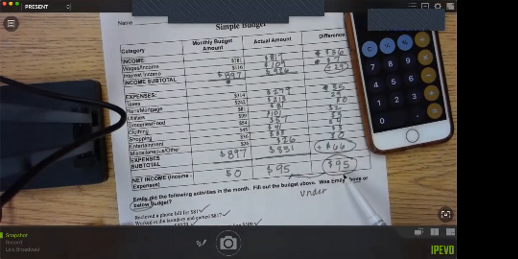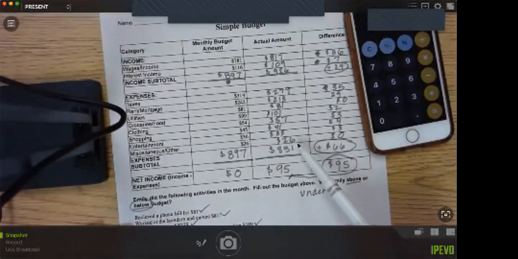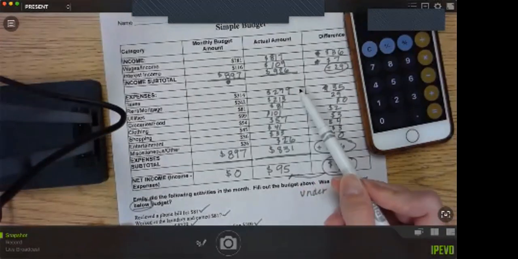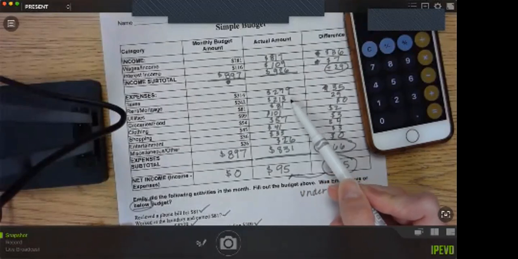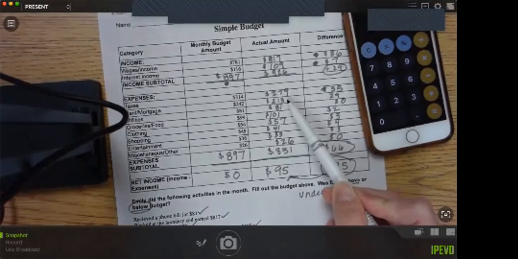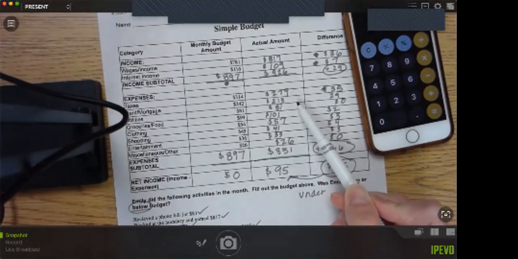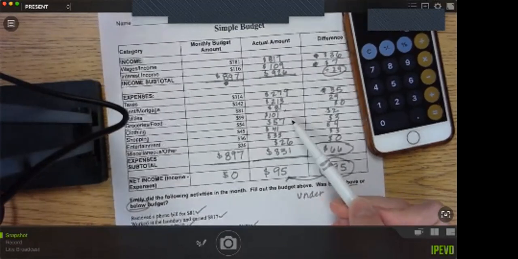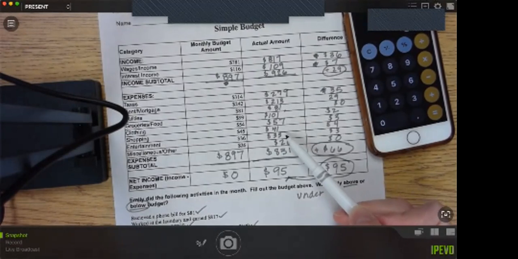And although she overspent in some of these categories, her rent was under budget, her taxes were under budget. Let's see what else. Her shopping was under budget, entertainment was under budget.